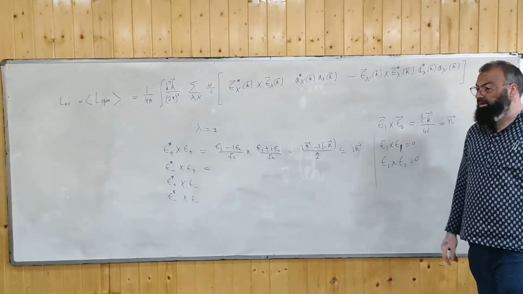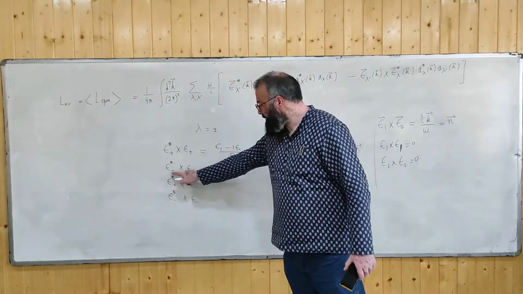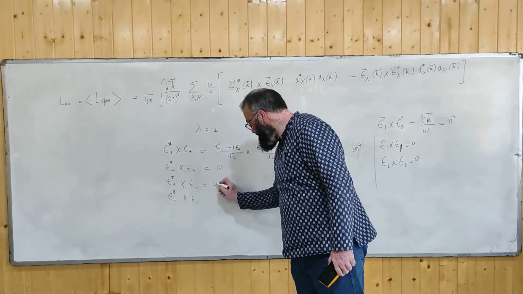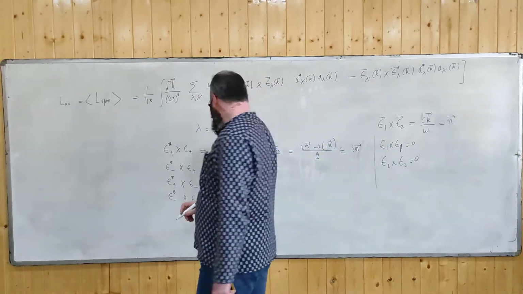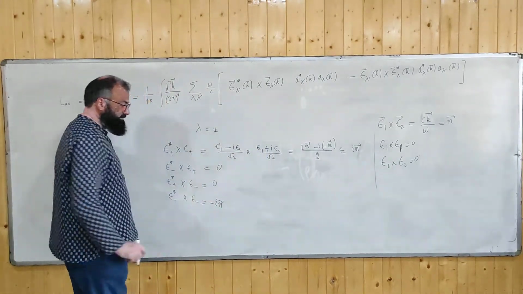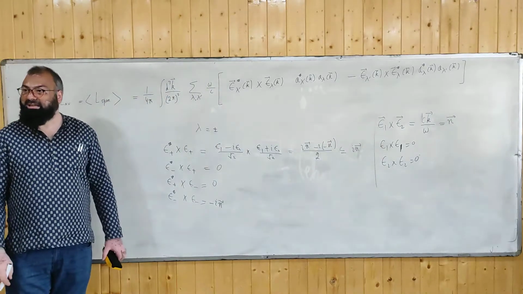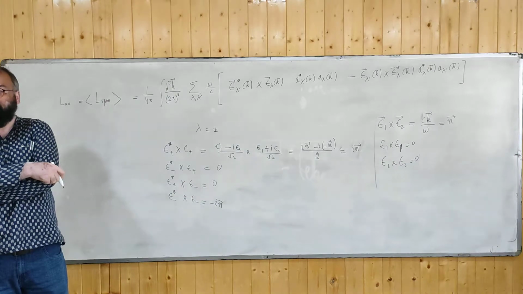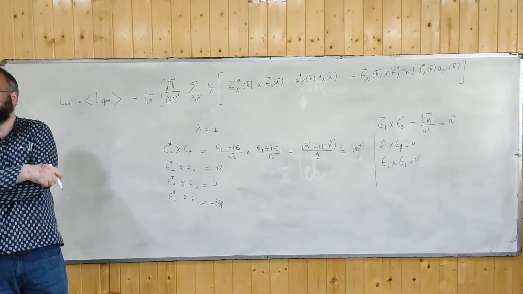Clear? Okay, now let's calculate this one. Epsilon star, so this will be equal to 0. This object will be equal to 0. And this object will be equal to minus i, in the same fashion. Clear? So tell me how many terms are contributing in the sum. So if I sum over lambda and lambda prime, how many?